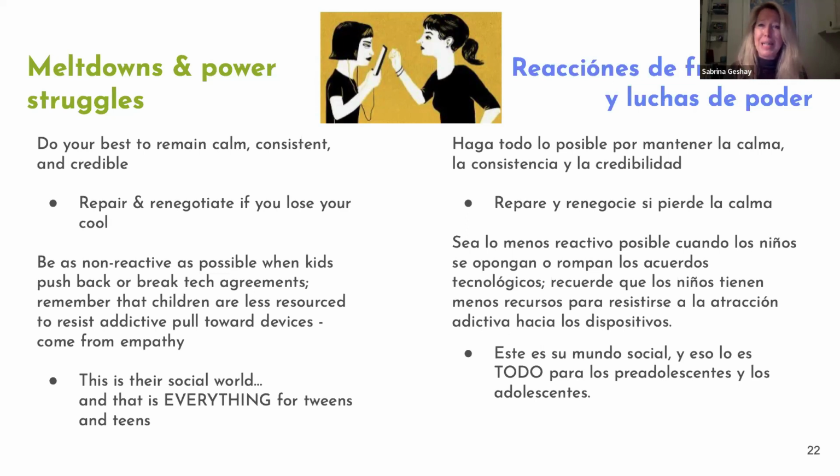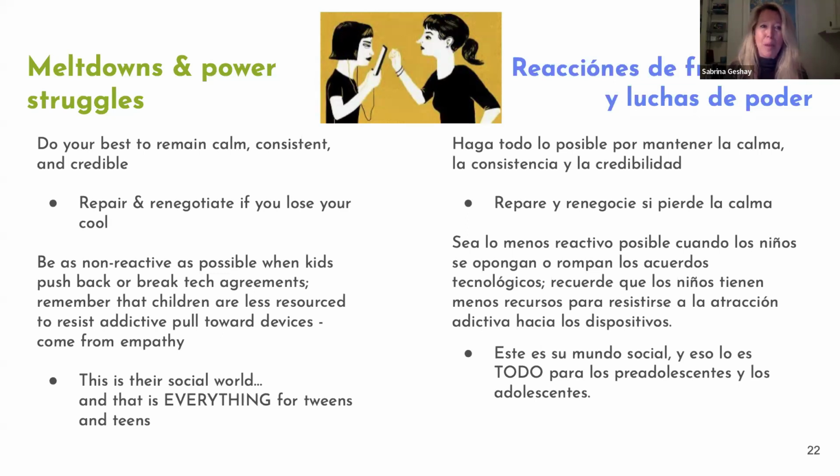And I say credible because if you're not being consistent, if you're not enforcing the agreements consistently, you will lose credibility, and your teen or child will learn they can manipulate and find ways to get more time or not quite follow the direction or the agreements as you had made with them.